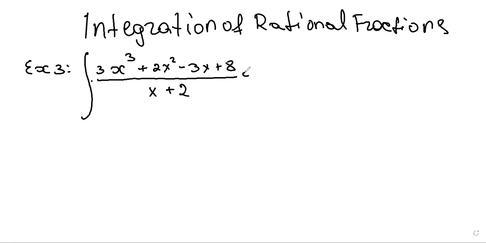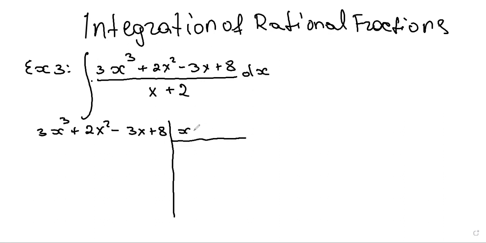But it is hard to write it like this. If you are good with polynomial division, we can use this method. So we write 3x cubed... sorry, x cubed plus 2x squared minus 3x plus 8 divided by x plus 2, using long division.